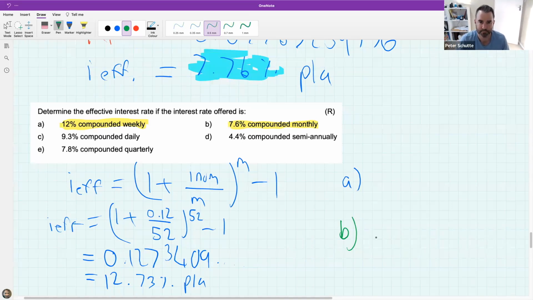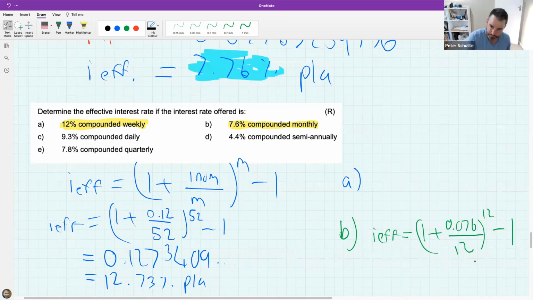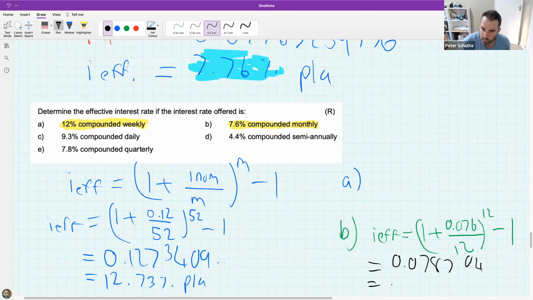And then for the green one, compounded monthly, I'm going to get 1 plus 0.076 over 12 to the power of 12 minus 1, and I get 0.078704 and so on, which gives us 7.87% per annum.